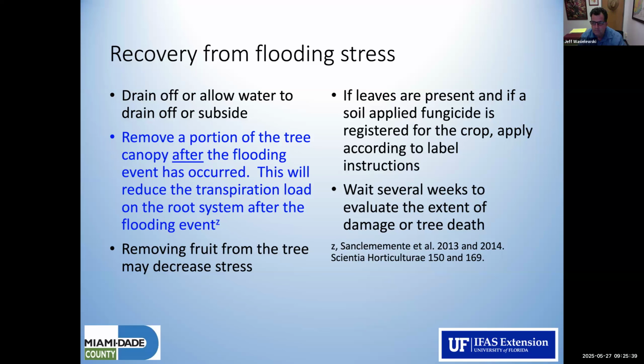If leaves are present and a soil applied fungicide is registered for the crop, apply according to label instructions. And then wait several weeks to evaluate the extent of damage or tree death. You're not going to see it right away, so wait and see what happens.